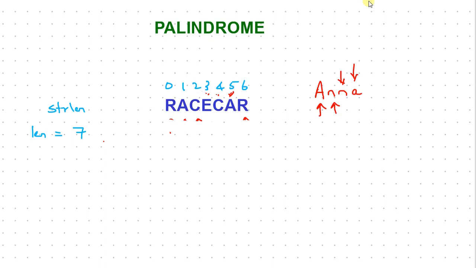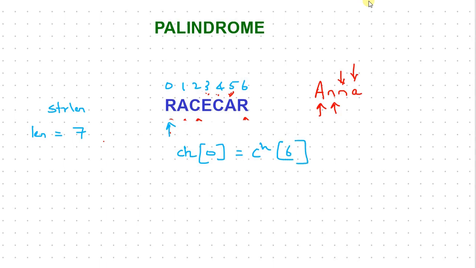And now what we need to do is loop. In the loop, when we are at i equal to 0, we have to check if the character, let's say ch, at 0 is equal to ch at 6 in this particular case.